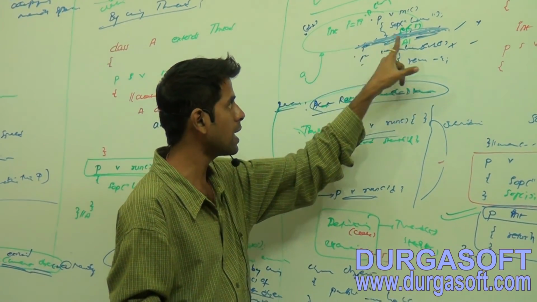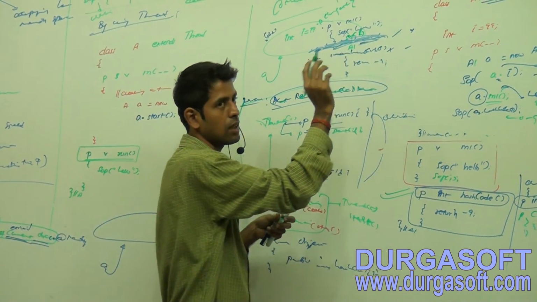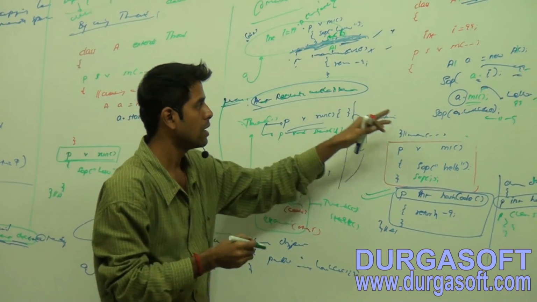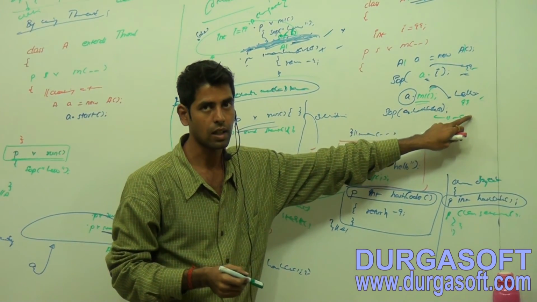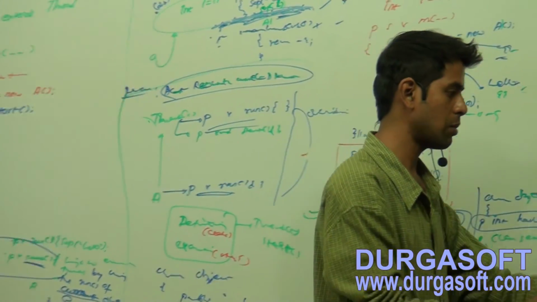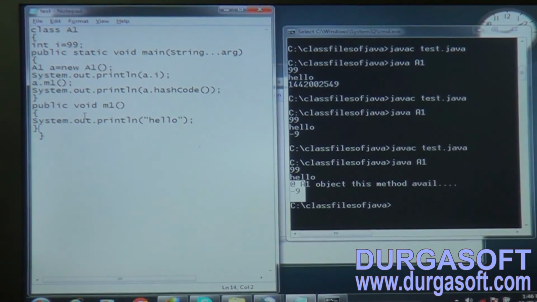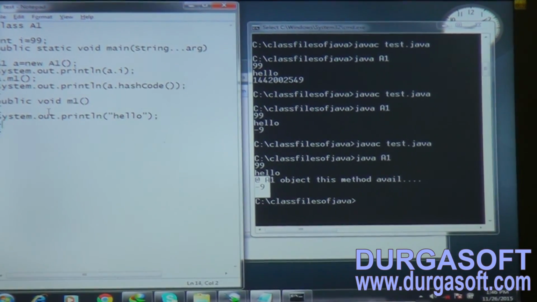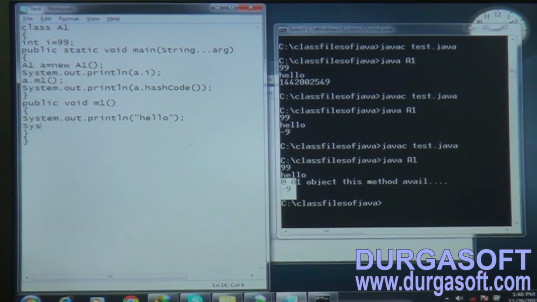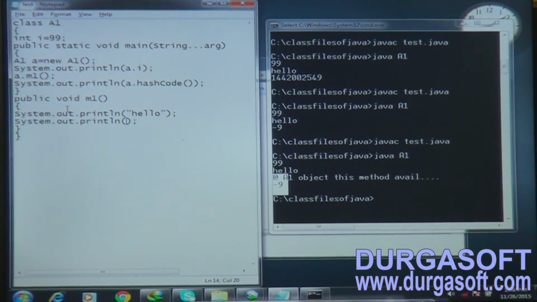So I can directly access it, that's why SOP of i. No compile time error. Let me put that code and execute. Just a minute, friends. Within this m1 method, put System.out.println of i.